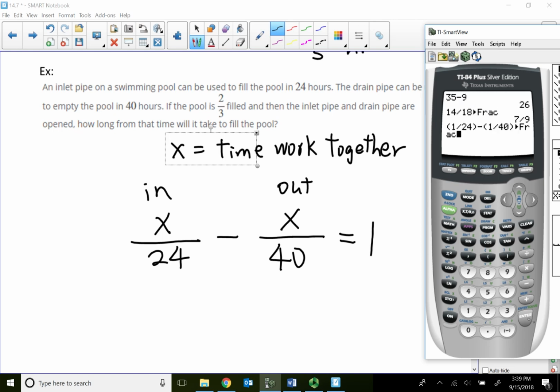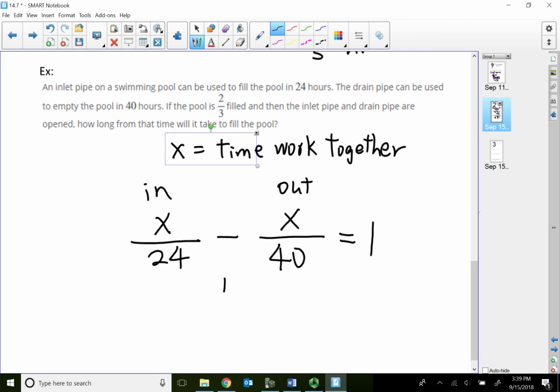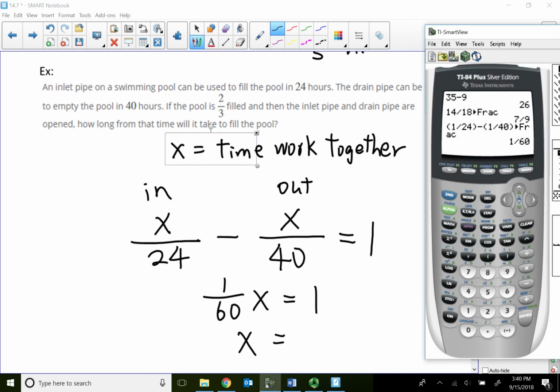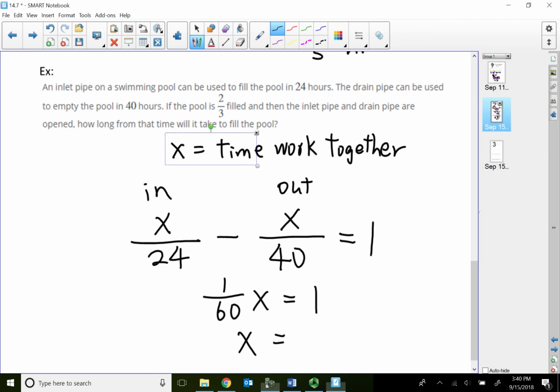Convert to a fraction, that's actually 1 over 60 x is equal to 1 job. All right, divide both sides by 1 over 60. 1 divided by 1 over 60. All right, that means it will take 60 hours to work together.